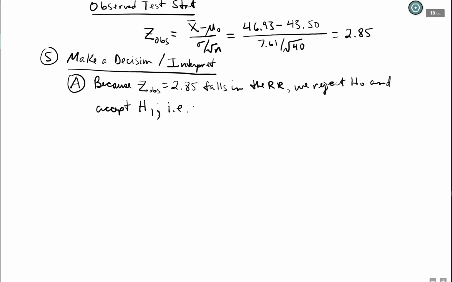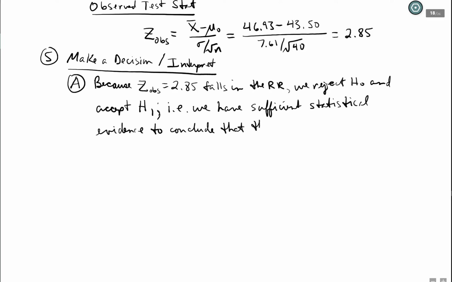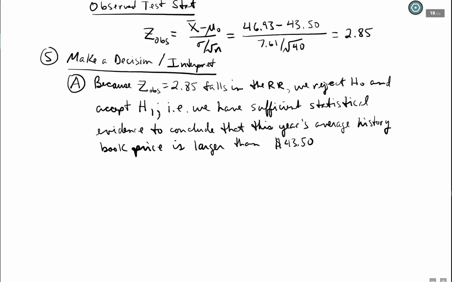In other words, we have sufficient statistical evidence to conclude that this year's average history book price is larger than the $43.50 that was the average from 1997.